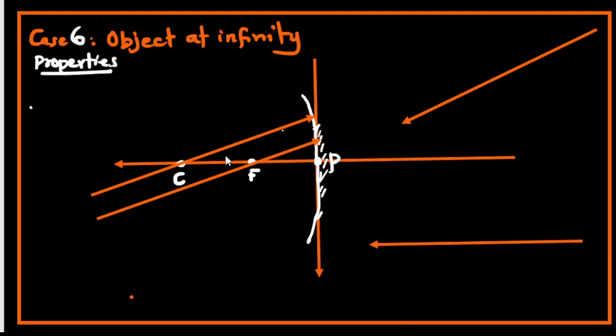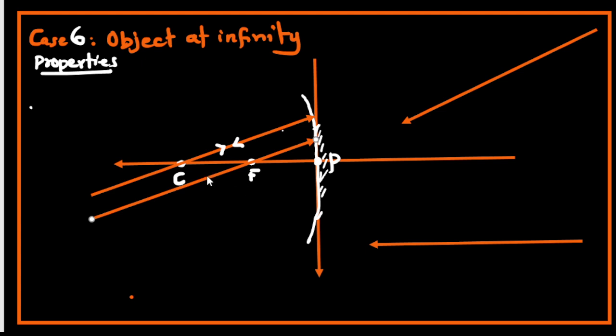Okay. Now, from what you know already from the rules, a ray that passes through the center of curvature will be reflected back along the path of incidence. But that won't be the case for the principal focus. For a ray that passes through F, let me shift this a bit so that it can pass through the F properly. Alright, that's a perfect representation.